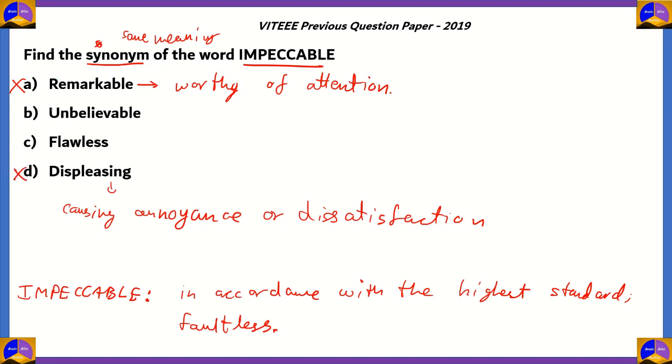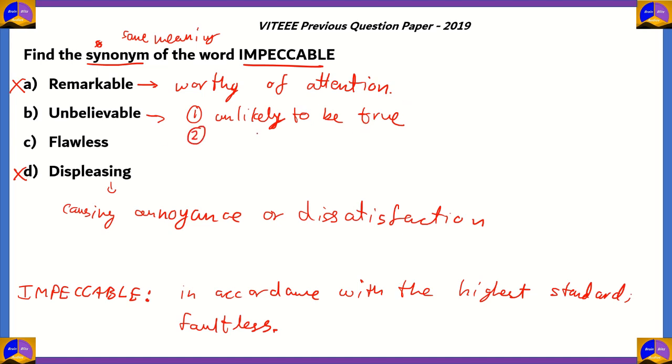Now we have option C and B. Let's look at B. Option B is unbelievable. So what does unbelievable mean? Well, unbelievable has two meanings, two definitions. The first is unlikely to be true. So if something is very strange, so that you cannot believe it, and it is quite possible that it does not happen, then you say that it is unbelievable.